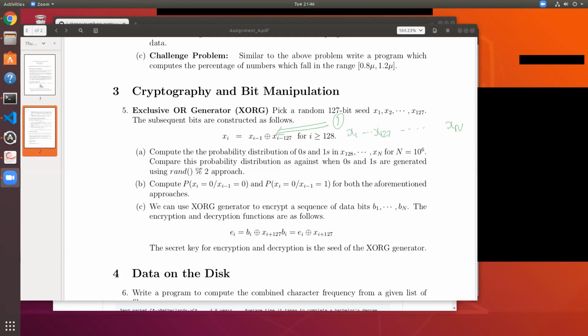And what we are telling is this rand percent 2 approach: the rand function gives you some random integer every time you call rand. And when you take percent 2, remainder 2, it gives 0 or 1. That is an alternate way of generating a sequence of random numbers. Are you with me here?